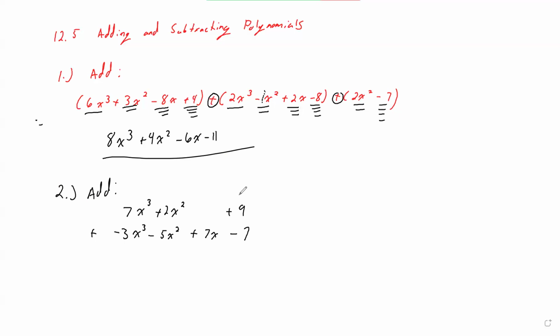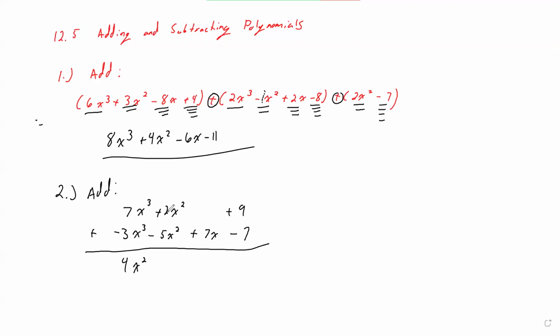I didn't change the value of this. I just shifted that plus 9 way over because it's just a number, no x. And if you like the vertical method, then you can just go like this. 7 plus negative 3 is 4, and the x cubed will stay that way.